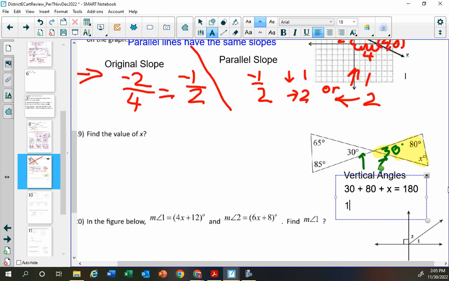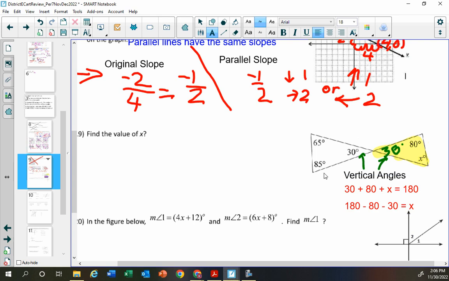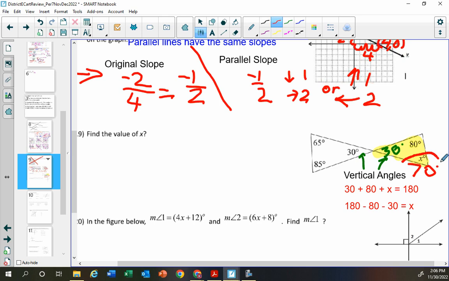Can we just subtract? Do 180 minus 80 minus 30 equals x? Sure can. 70, very good. That's our value of x. X will be 70 degrees. There you go. That's how you solve for x.